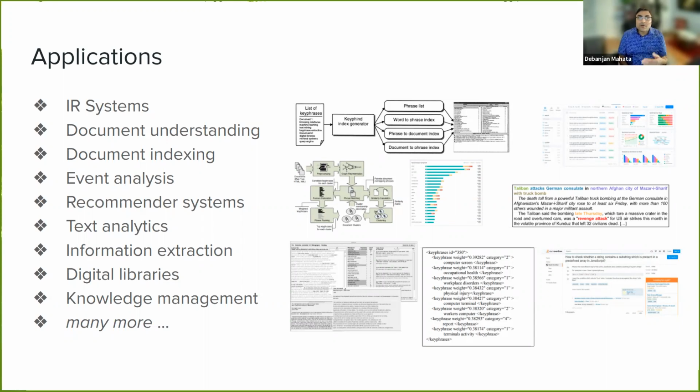I almost always find they are a part of the text analytics and information extraction stack in any industrial setup. And digital libraries is one of the major fields where key phrases have been researched a lot. Most of the major advancements in this area have been driven by researchers working in the area of digital libraries.